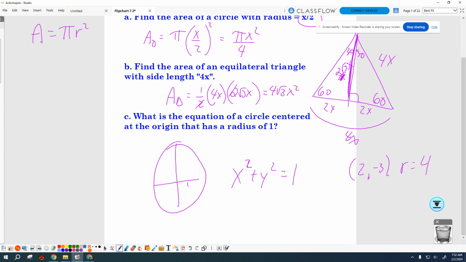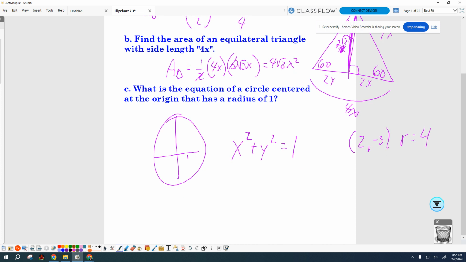Anybody remember this? Again, check it. Ask Kalia. X minus 2 squared plus y plus 3 squared equals 16. Those of you going to multivariable need to remember to be able to shift the center. She did the opposite signs of this to move it to the center, and it's radius squared.